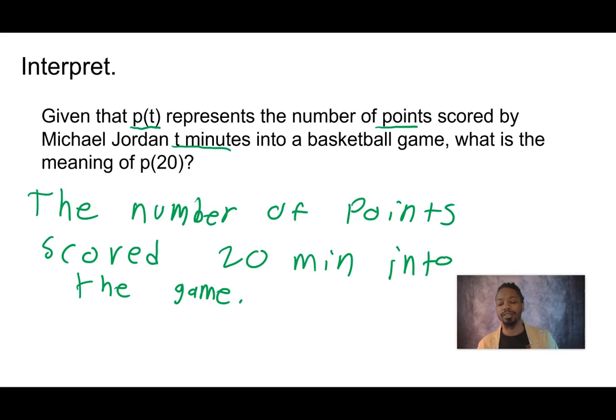That's all it is. It's the number of points scored 20 minutes into the game. That's all it is to this type of situation. Let's take a look at another one.